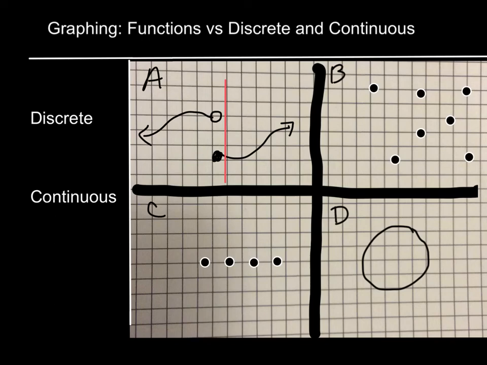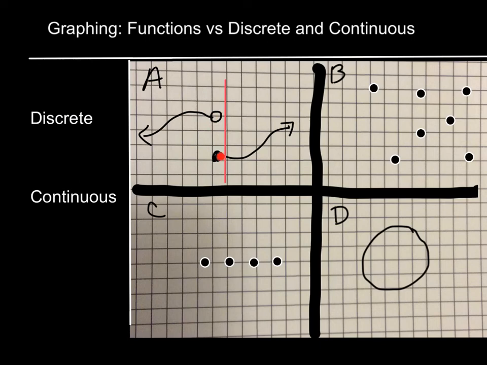Now here causes some issues. We have a line with an open circle at the top, right here, and we have a line with a closed circle at the bottom. Students don't always know what this means. What this means is that this point right here is not included on this line.